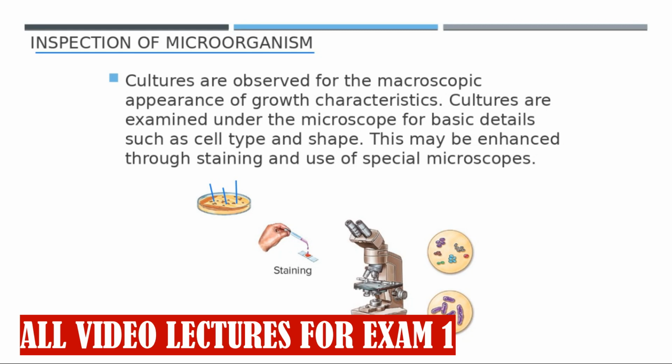If you want to see the cell, because the cell is very small, then we have to take the sample and put it on a slide. And then after that we observe under the microscope, and then we will see the shape of the bacteria. The cell shape may be round or maybe rod.